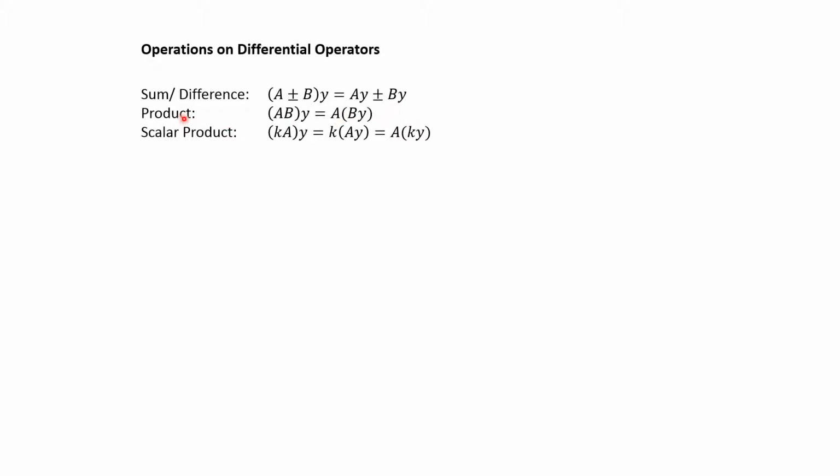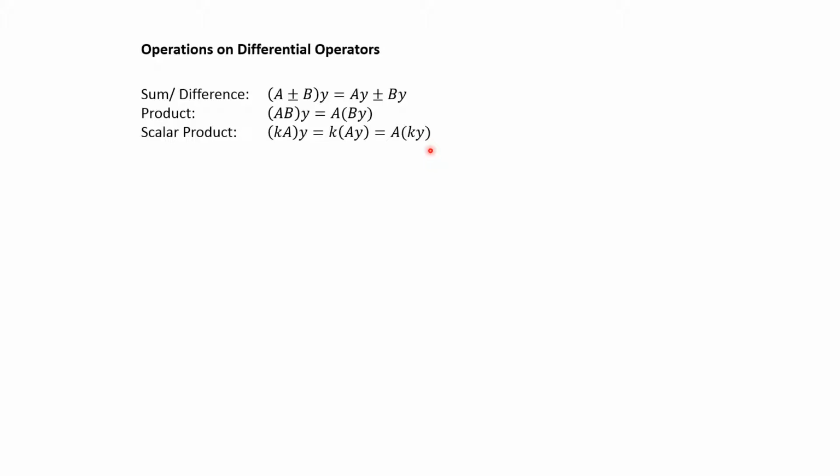For a product, ABy can be written as A times (By). And for scalar product, we have (kA)y is the same as k(Ay) is equal to A(ky).